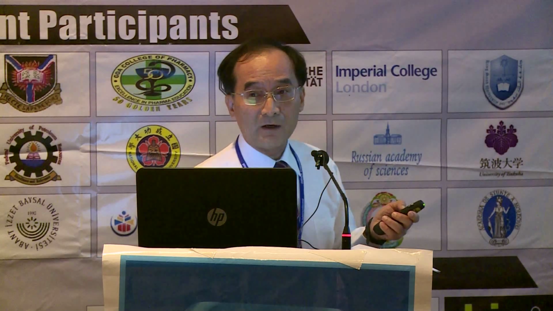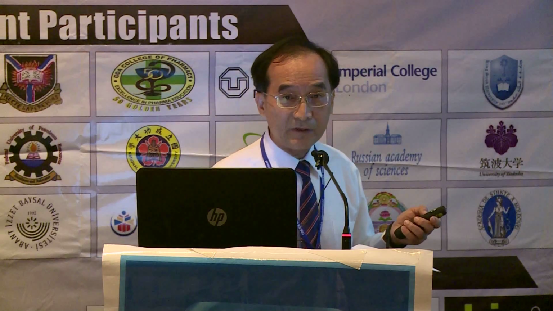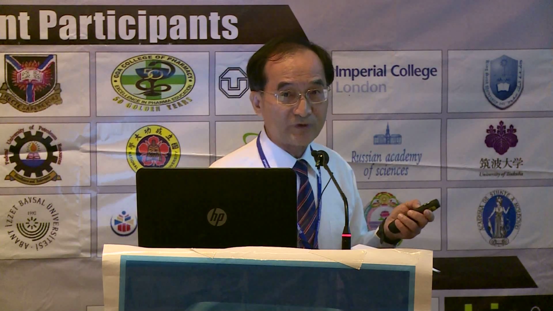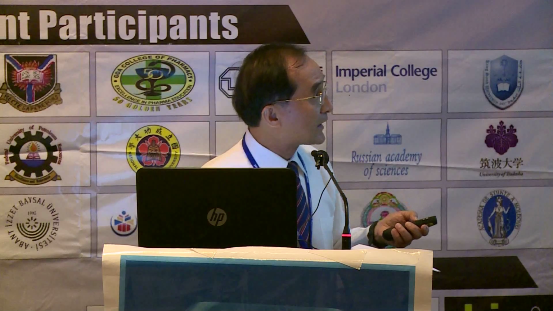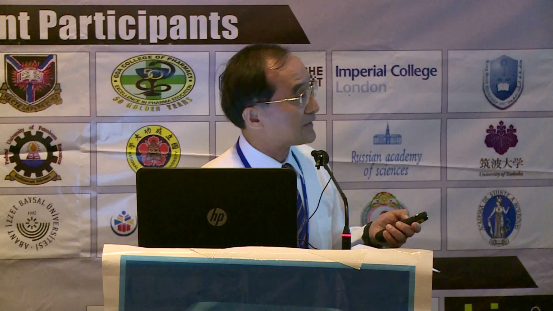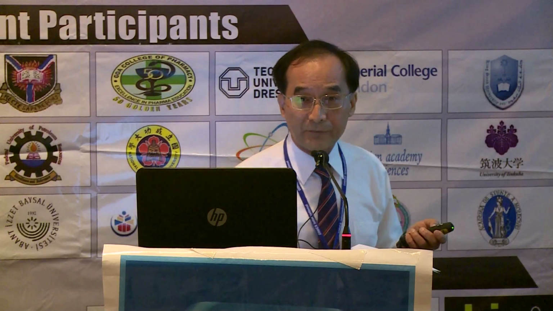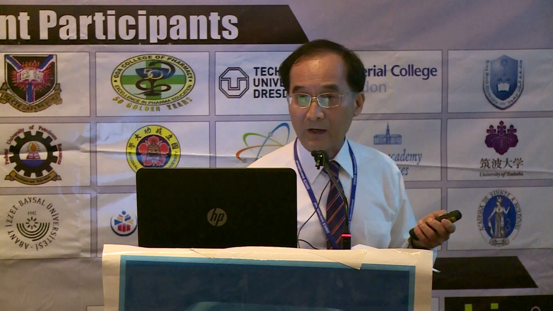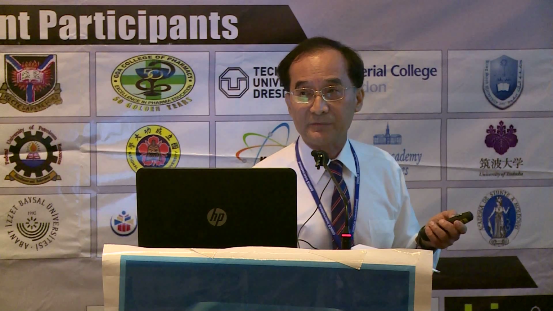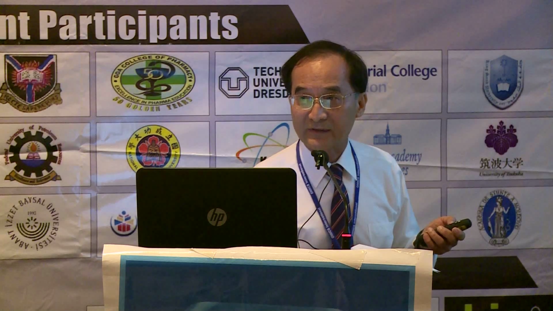But if the TB case is MDR TB, then we need to use second-line drugs. Second-line drugs include ofloxacin and several injectable antibiotics. And these second-line drugs are least effective, very expensive, and have a lot of side effects.